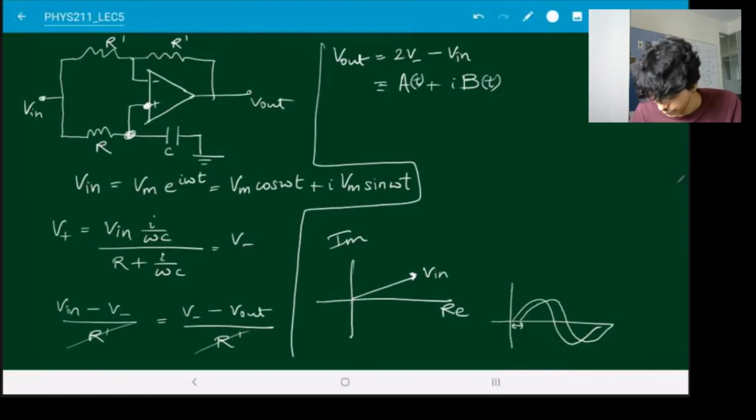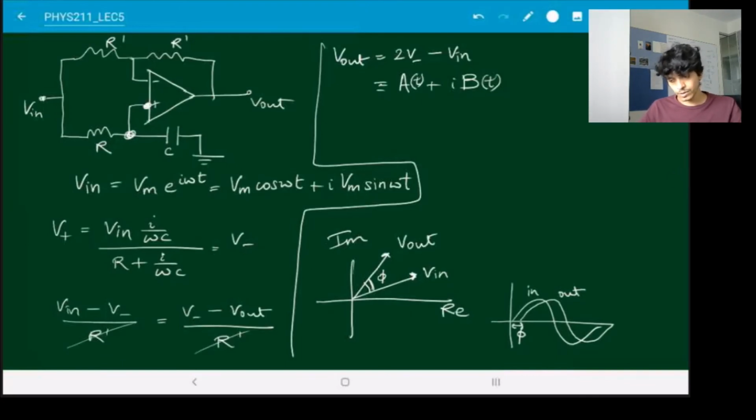That is what we are looking for. So let's say the output is at this angle, and the difference between these two is the phase difference phi that we are interested in calculating. So this is the input, this is the output, and this is the phase difference phi that we want to capture.